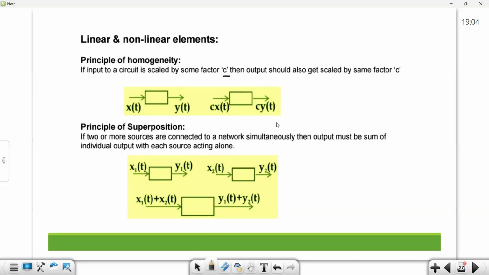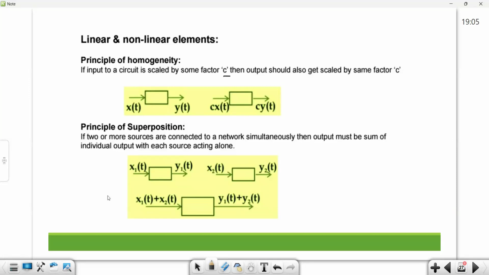And what is superposition? Superposition, you all know: when 2 or more sources are connected, we take one source at a time, and after calculating separately, we add the outputs. We will do the algebraic sum of the outputs from each source.